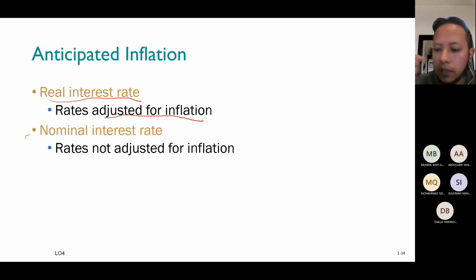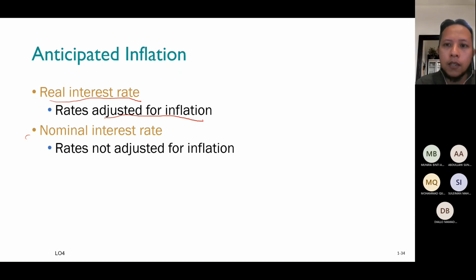Currently, not only in the US but also in Europe, central banks are increasing the interest rate, and we will learn later in monetary policy why they are doing this.